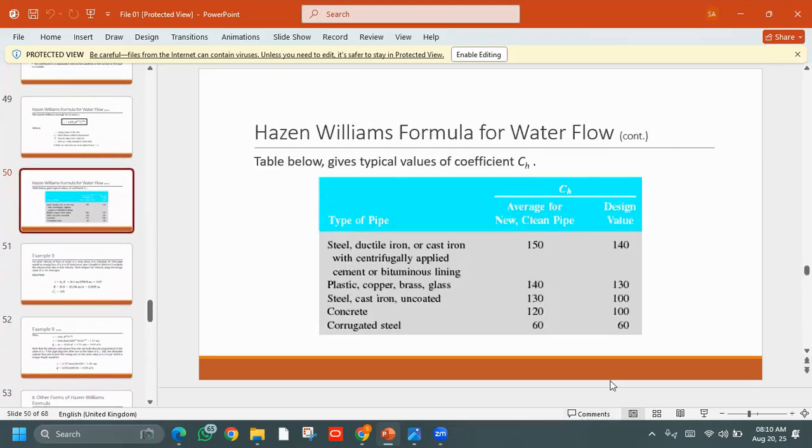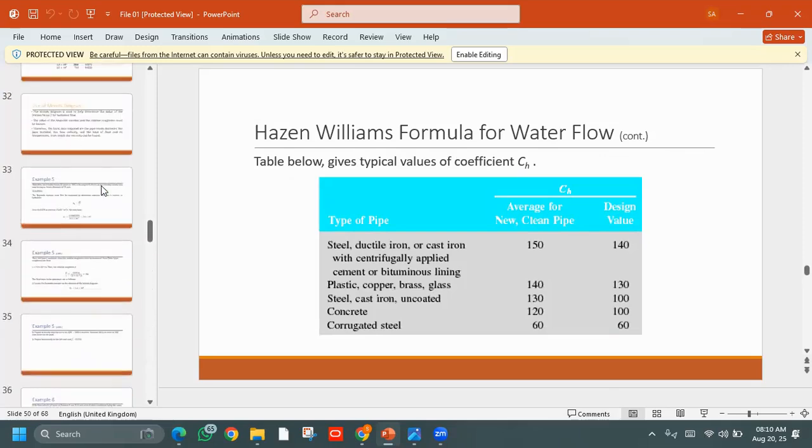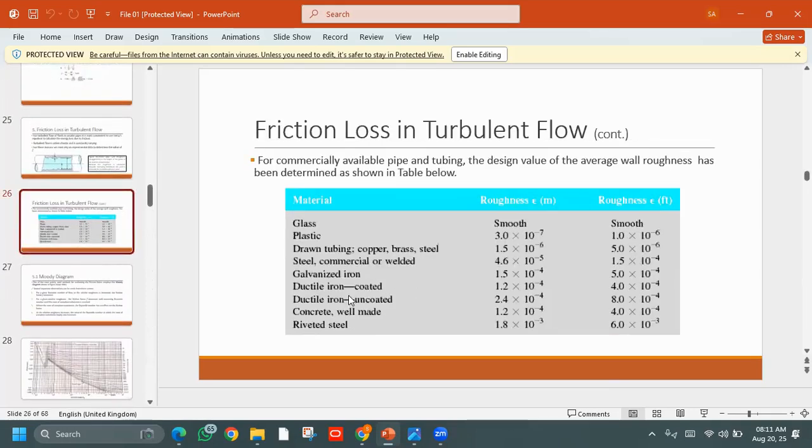We have different values of roughness in the table. This is a steel pipe, and we have the value for steel equal to 1.54 into 10 raised to the power minus 4.